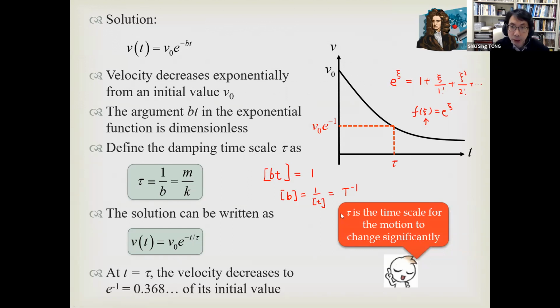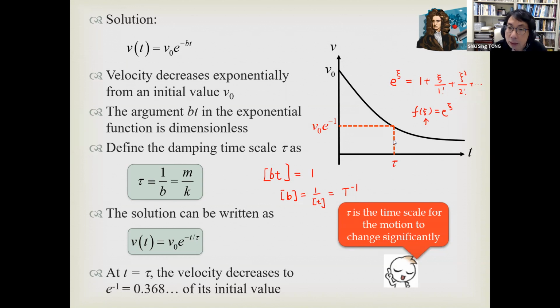Now, what does tau mean? When the time t is equal to tau, the factor in the argument of the exponent is equal to -1. So this factor becomes e to the power -1. If you use a calculator, you can find that this factor is about 37%.